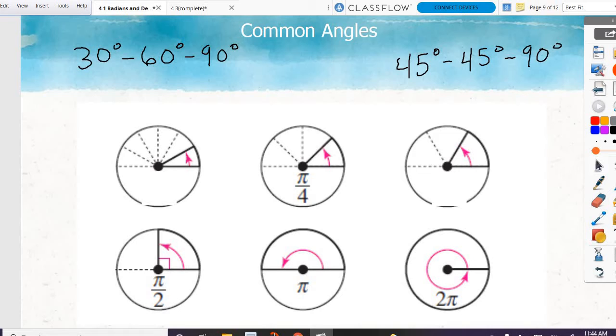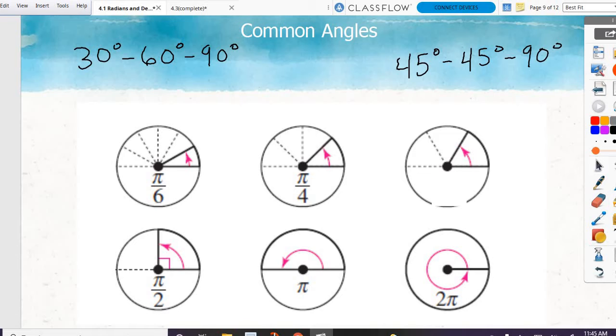So then this first one is going to be equivalent to a 30-degree angle, and the third one is our 60-degree angle. So what is our first one going to be equivalent to? Pi over 6. Notice that we have 6 little pieces of my first half, and the top half we said is pi.